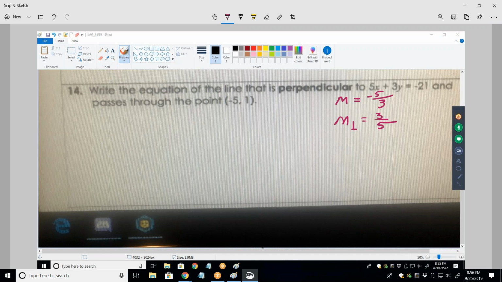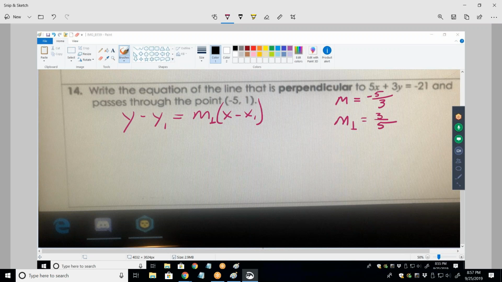And starting with point-slope, let's figure out the equation. The slope of the perpendicular is m, and the single point is x sub 1, y sub 1.